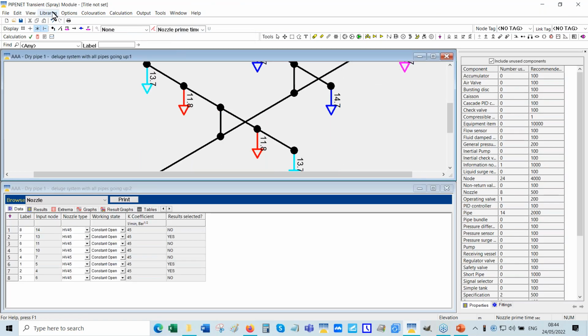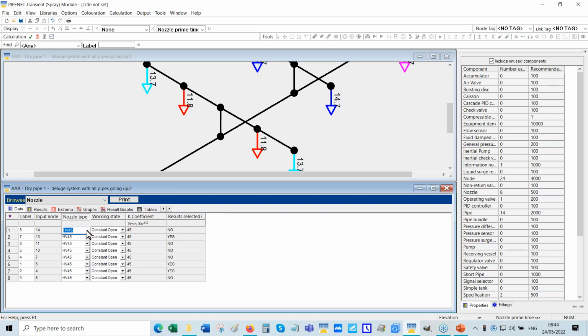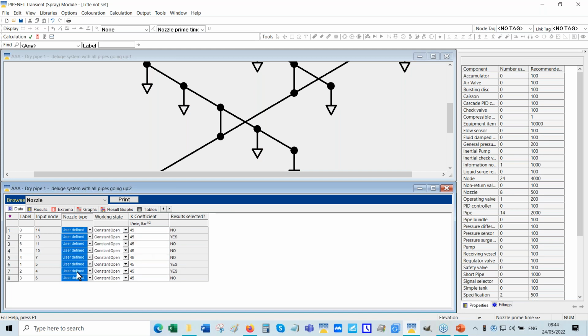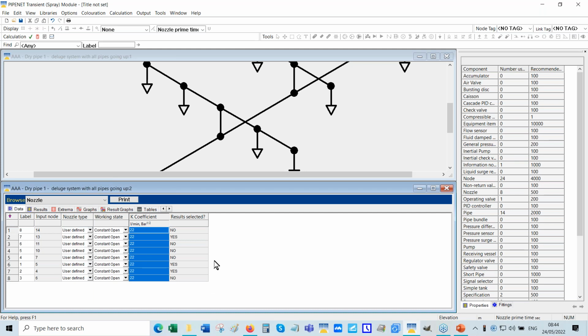See, typically you would change the nozzle characteristic in the library, and you don't have to do all that. See, this is another trick that I want to teach you. I can make them all user-defined, and then change that to 22. So see how quickly I change the K factor for all the nozzles.